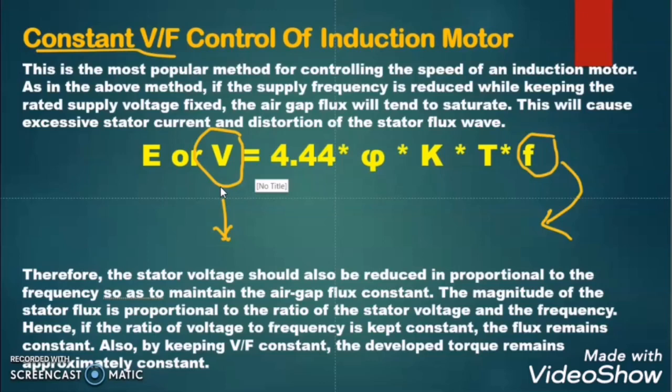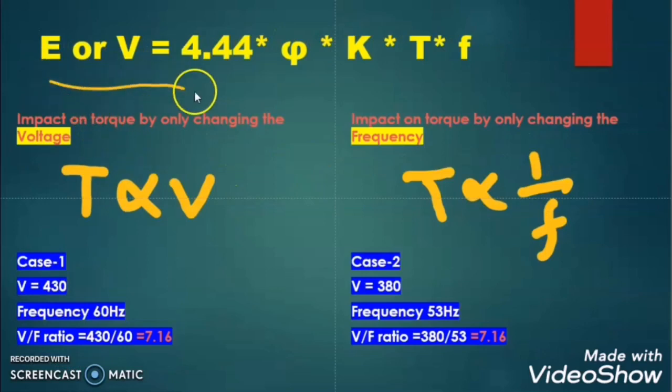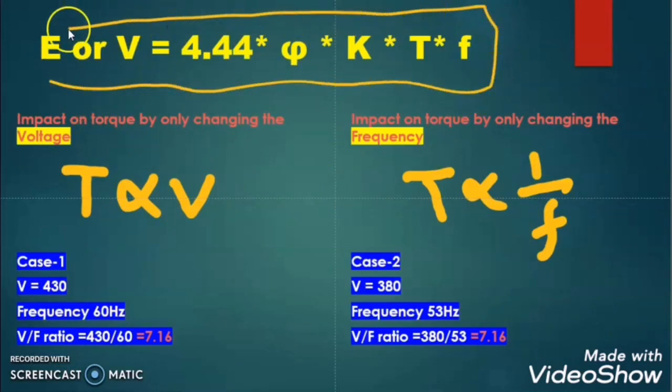So let us analyze this. What is the impact of the voltage change in the constant voltage frequency ratio method? This is the equation we are discussing. Suppose we are only changing the voltage and other things are constant, then as per this equation the torque is directly proportional to the voltage.